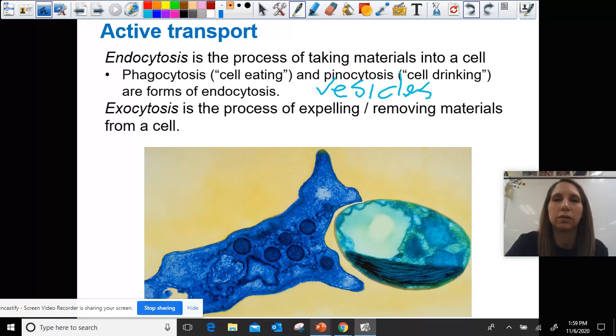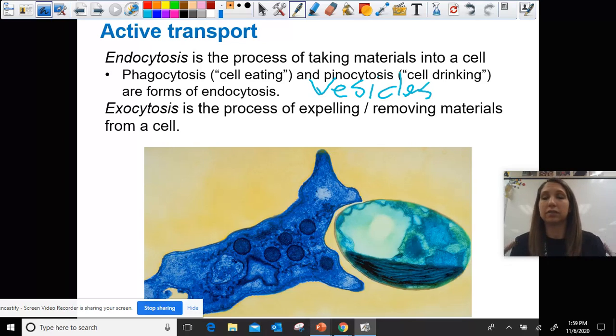And those vesicle organelles, if you remember their function, is to transport materials within or throughout a cell. So if we take in something through endocytosis into a cell, we require the use of vesicles to pull those things in.